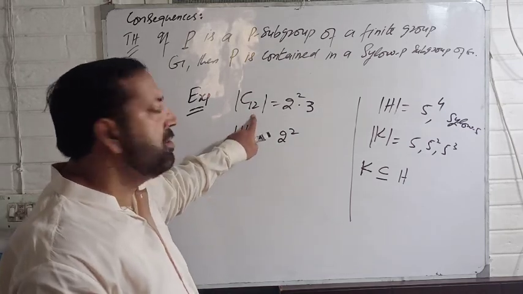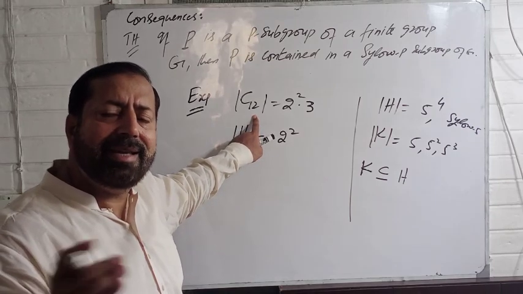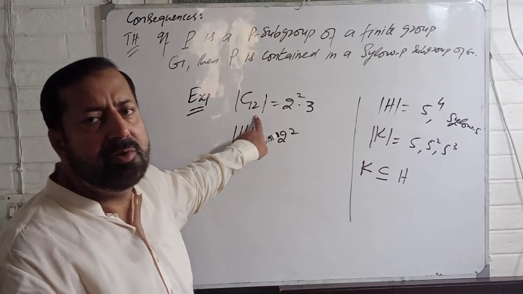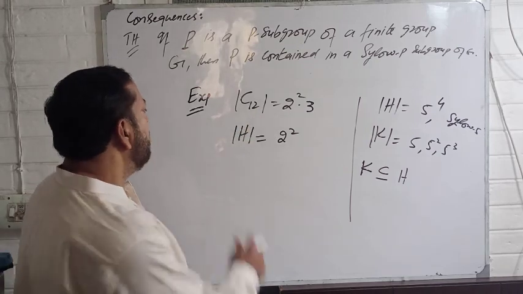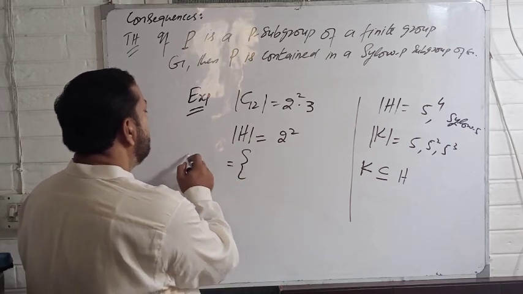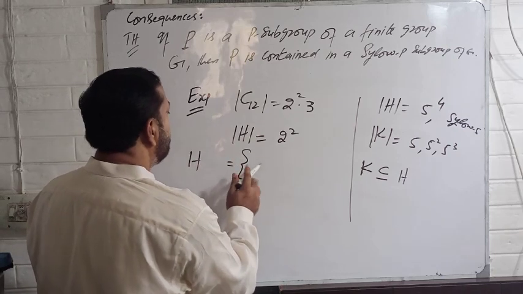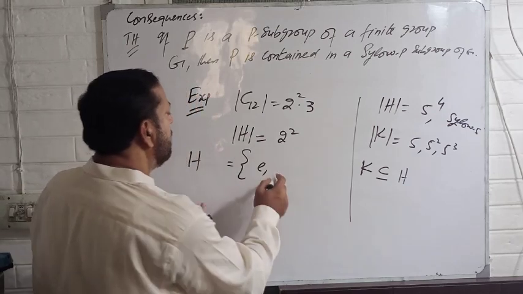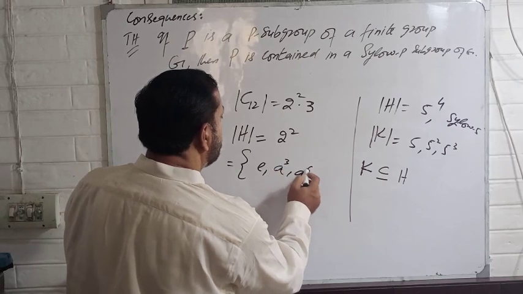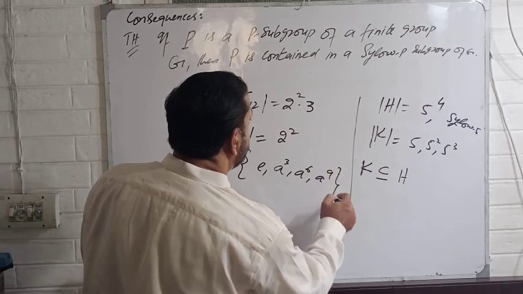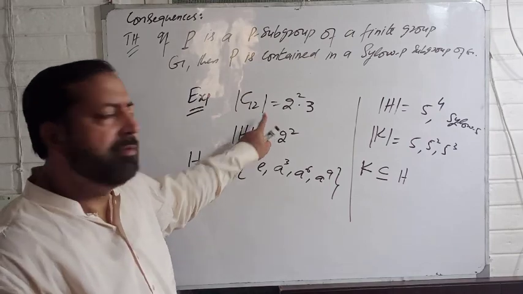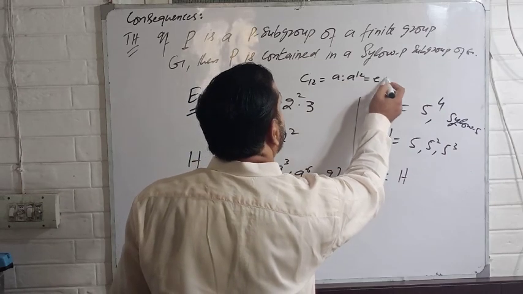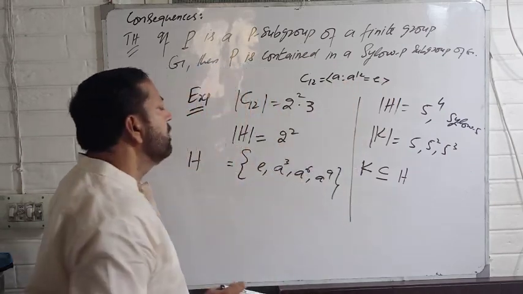Because 4 is a divisor of 12, C12 has exactly one subgroup of order 4, which would be a Sylow-p subgroup, in fact. So here H is in fact the subgroup generated by a cube, of order 4, that is e, a cube, a6, a9, where C12 is generated by a with a12 equal to e, right?